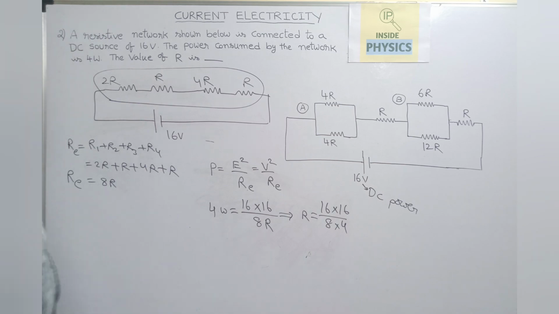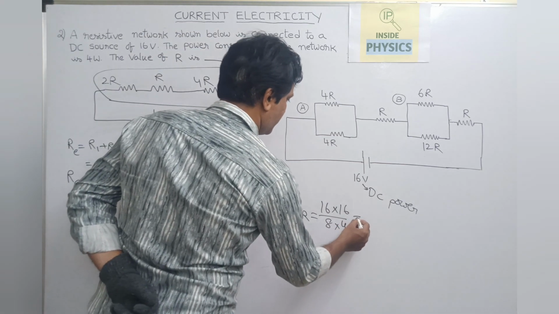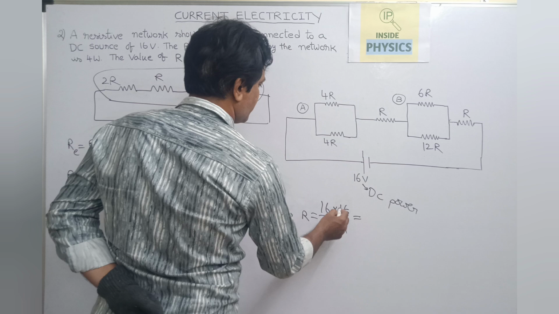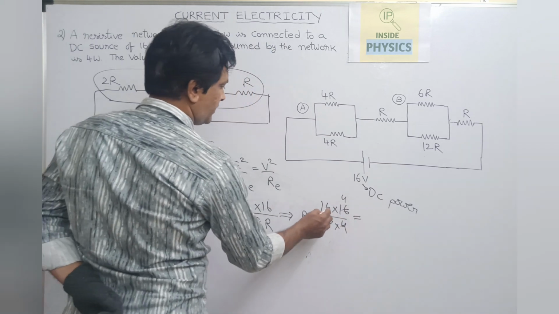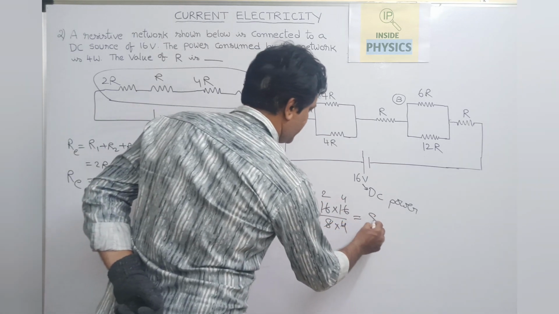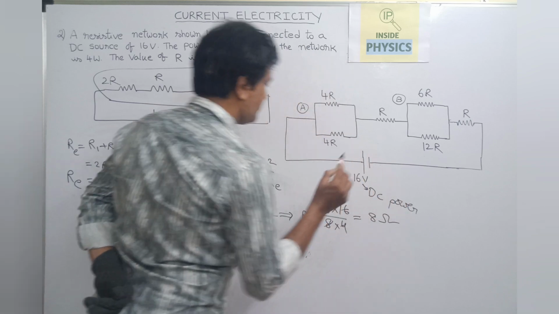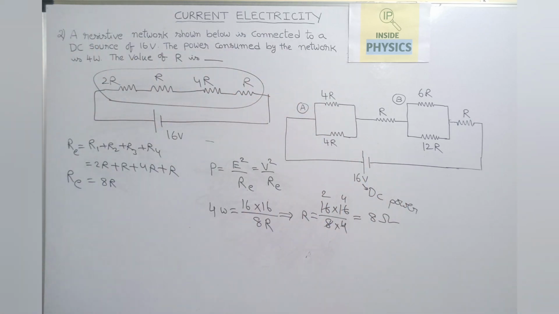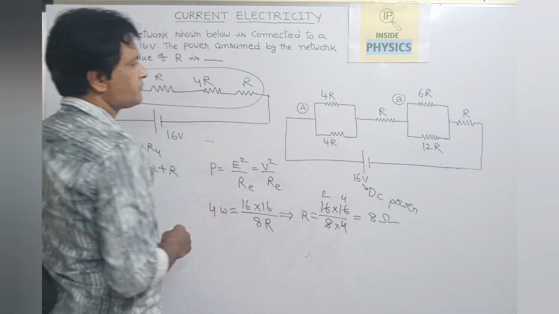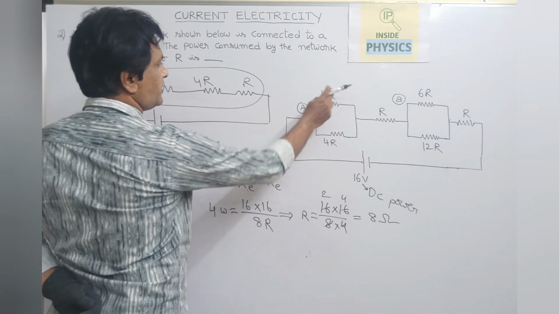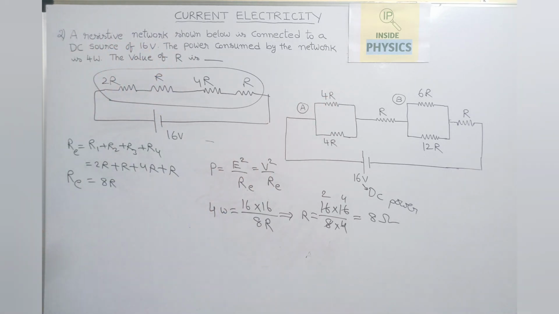Now we can get the R value from here. 4 fours and this is 8 twos. So 8 ohms is the resistance, R value here. In this diagram, when we are asked to calculate the R value, it has come to be 8 ohms. So this is how we need to approach this kind of circuit problems.